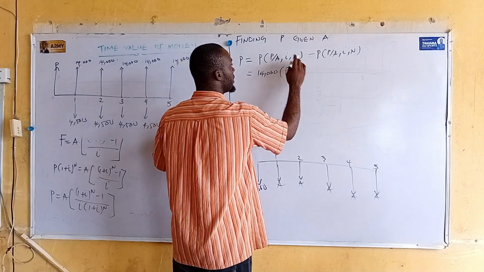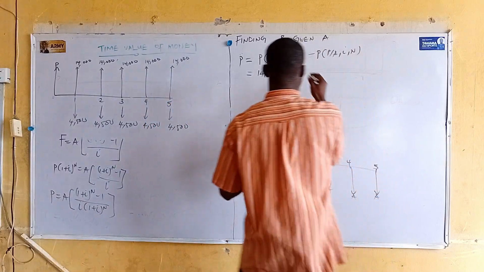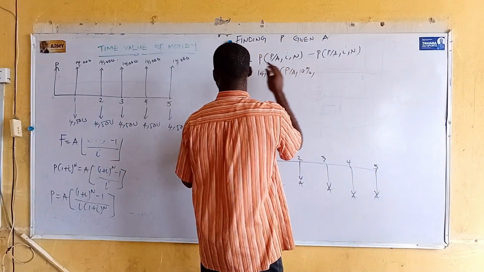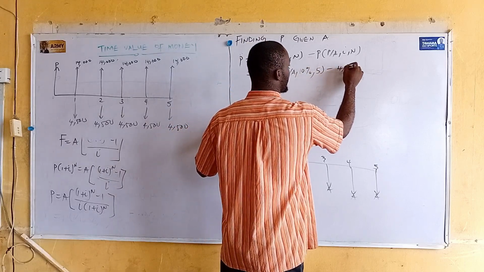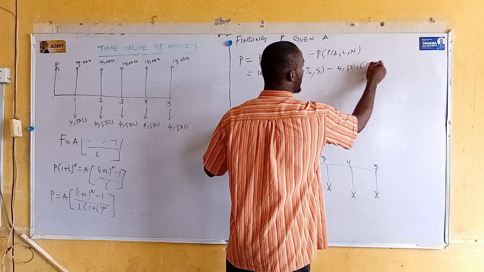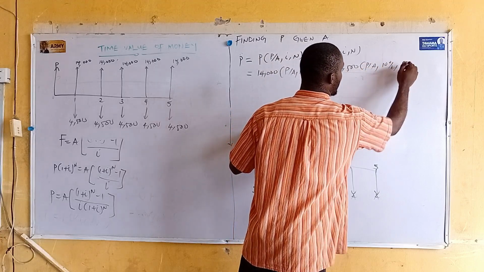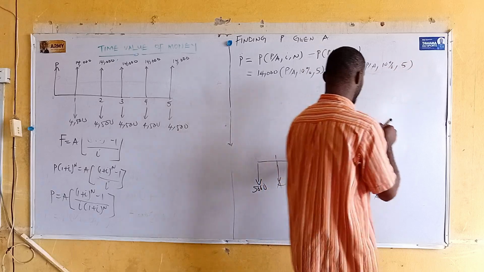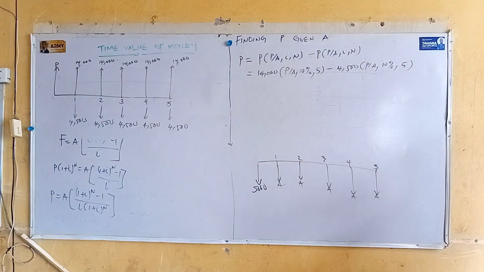So again, now it is 14,000, P giving A. What's the interest rate? 10%. Number of years? 5. This 4,5. Yes, you get 10%.